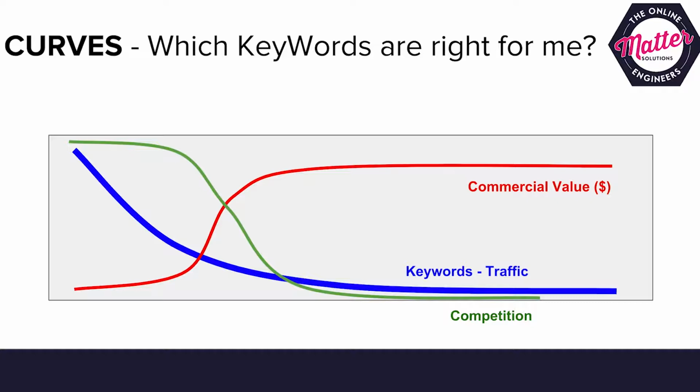Now, the last factor is competition, so the green line there. What I'm explaining is that often people chase traffic, so the amount of search for something like plumber in Brisbane means that SEO companies have been chasing it for quite a while, and it means it's artificially more competitive.